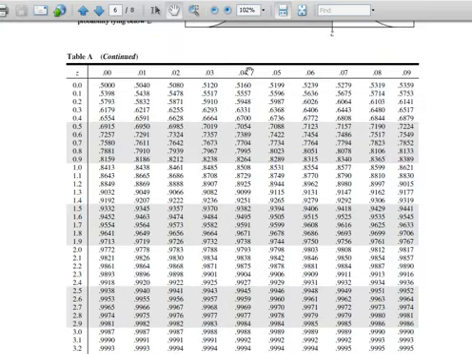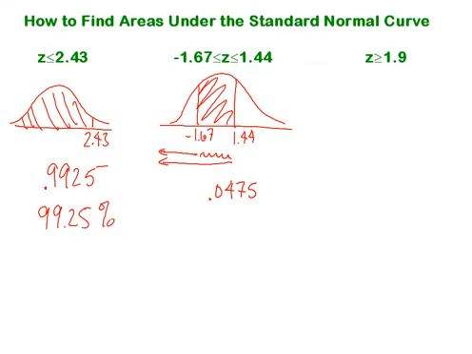All right, this is just the hundredths spot up here, so that's 0.9251. All right, and we're just going to subtract the two. And when we subtract them, we get 0.8776. So 87.76% of our data will lie between negative 1.67 and 1.44 standard deviations from the mean.